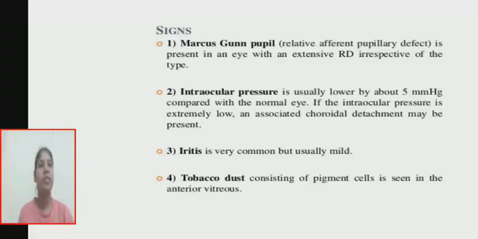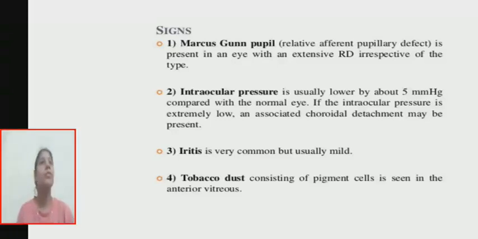Intraocular pressure is usually lower by about 5 mm Hg compared with the normal eye. If the intraocular pressure is extremely low, an associated choroidal detachment may be present. Third is iritis, which is very common but usually mild.